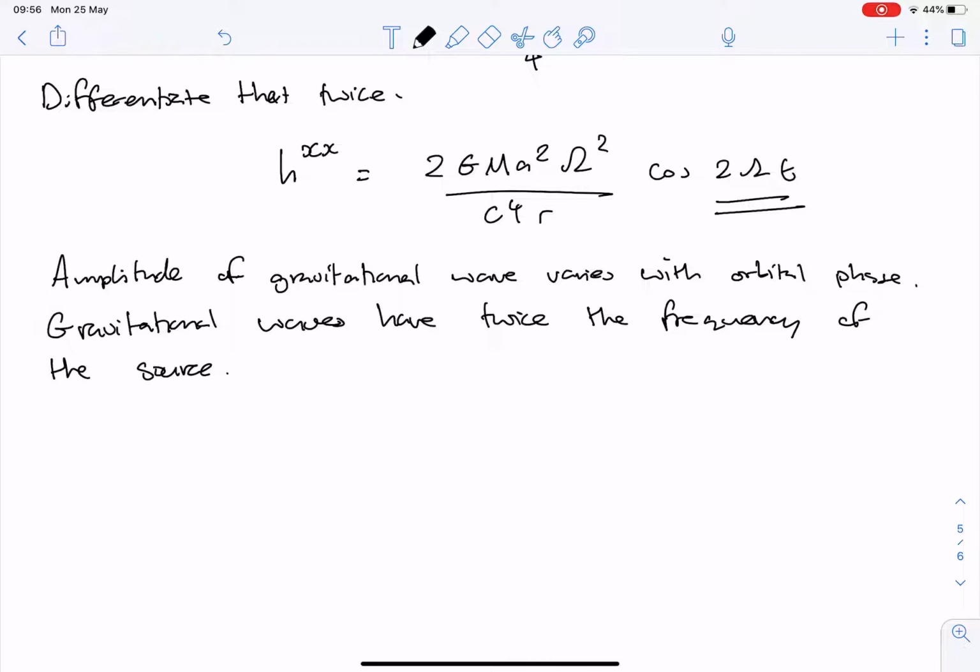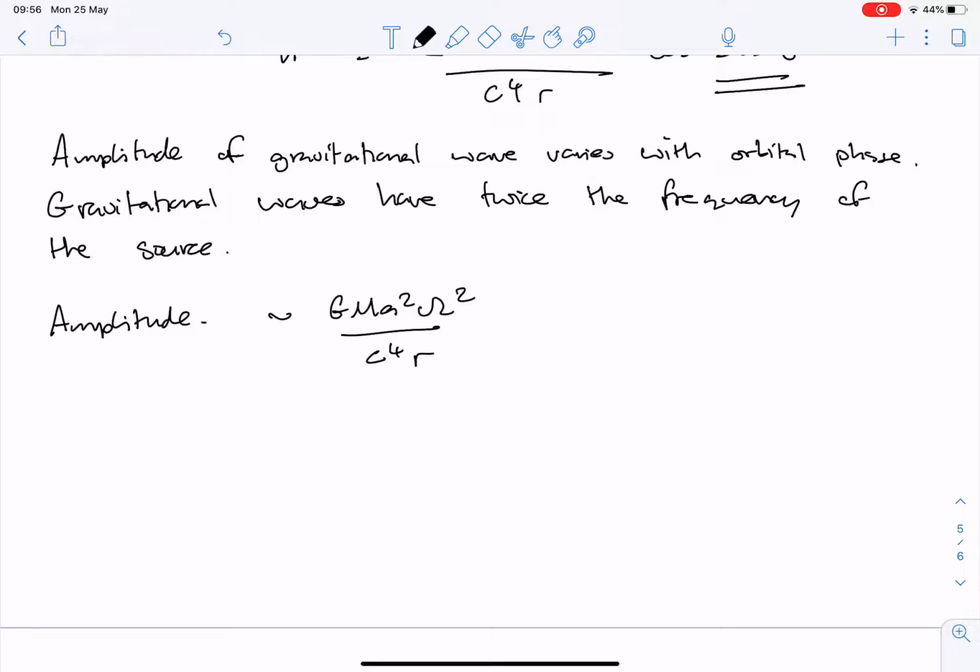And then, of course, the maximum amplitude is just setting the cos 2 omega t to 1. So it's G m a squared omega squared over c to the 4 r. And there are some important things to note in here.